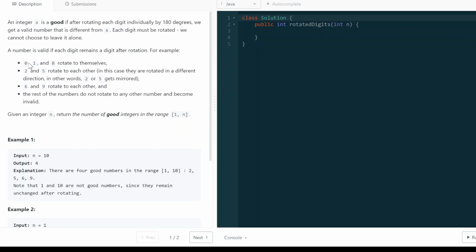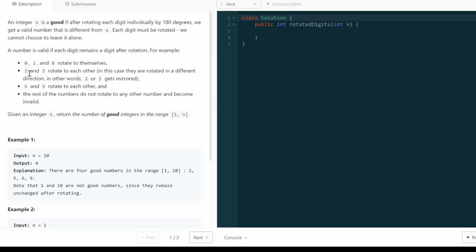So it says 0, 1 and 8 rotate to themselves. That's fine. And 2 and 5 rotate to each other. In this case, they are rotated in a different direction. In other words, 2 or 5 gets mirrored. 6 and 9 rotate to each other.